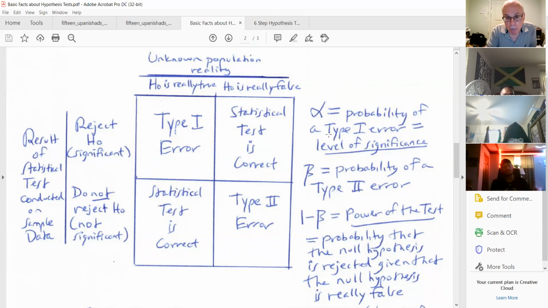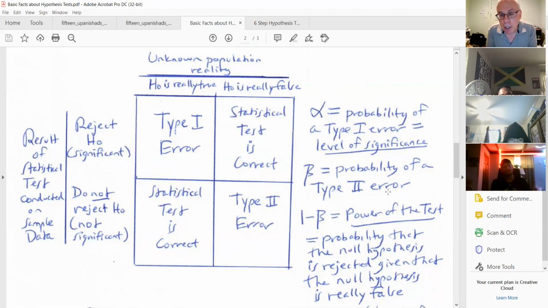It's the Greek symbol alpha, also called the level of significance. Now, if we do not reject the null hypothesis and the null hypothesis is really false, we've made a type 2 error, and the probability of that is called beta. And that's all we need to know about beta, the definition of it, that it's the probability of a type 2 error.